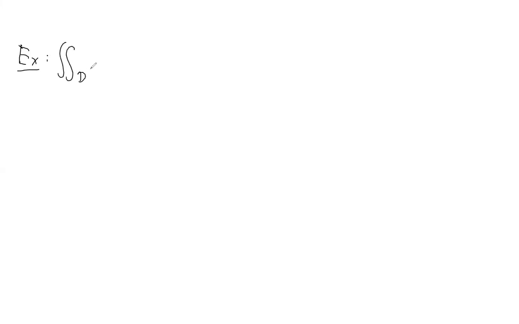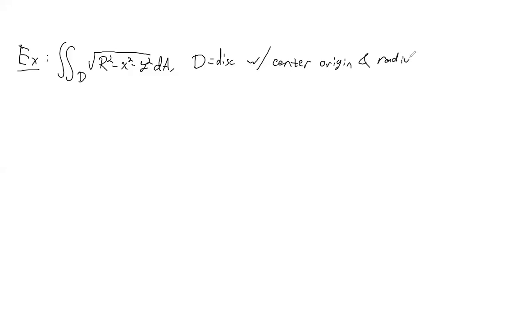So as our first problem, you want to take the double integral over D of this function, root r squared minus x squared minus y squared dA, where D is the disk with center at the origin and a radius of r.